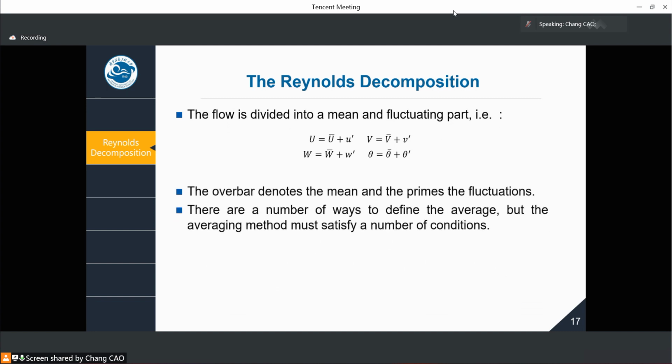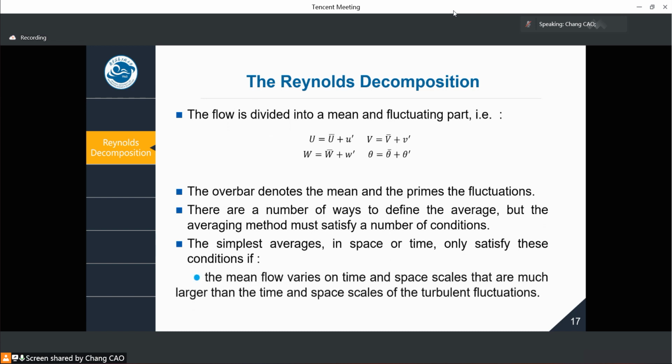Actually, there are a number of ways to define the average, but the averaging method must satisfy a number of conditions. The simplest averages, no matter whether in space or time, only satisfy these conditions if the mean flow varies on time and space scales that are much larger than the time and space scales of the turbulent fluctuations.